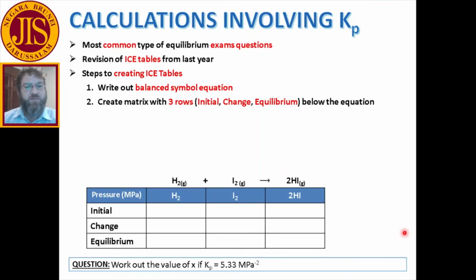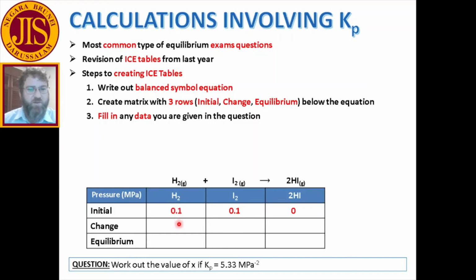Then fill in any values that you're given, and the values that you're given will usually be in the initial row, the start of the experiment. So let's say we're given these values, no products yet, just 2 reactants, and these are partial pressures for those reactants. And then you're going to need to work out some sort of variable that expresses the stoichiometric ratios, the molar ratios, and how they're going to decrease for the reactants and increase for the products.